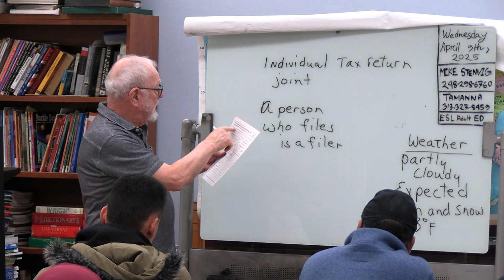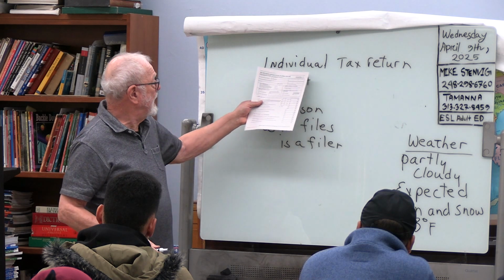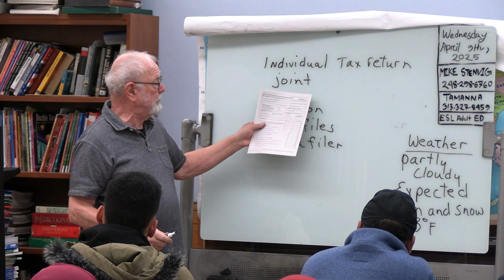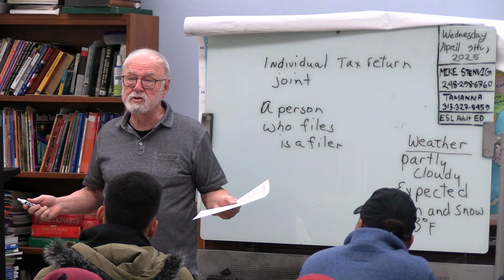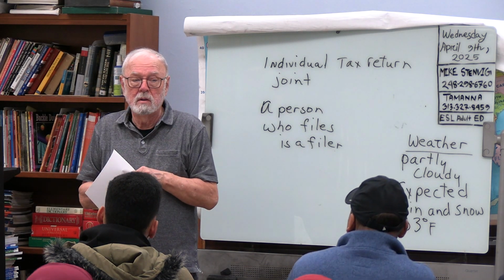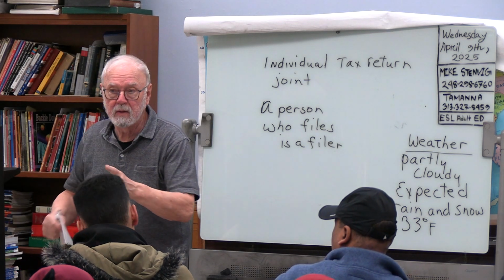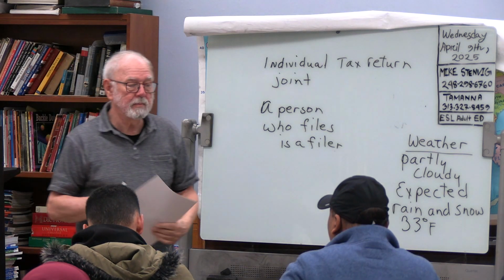But then underneath that it says joint return. So it says up at the top it's an individual tax return, but it is also for joint return. What does that mean? Joint means together. Who? Wife and husband. Yes.